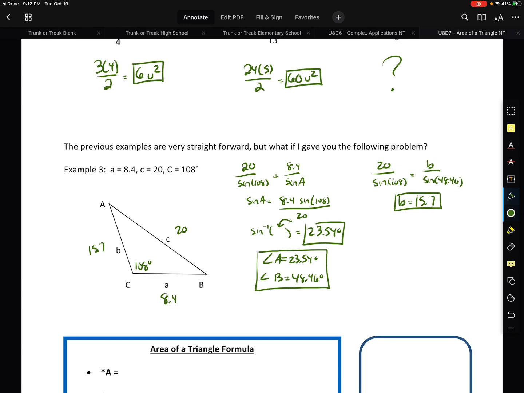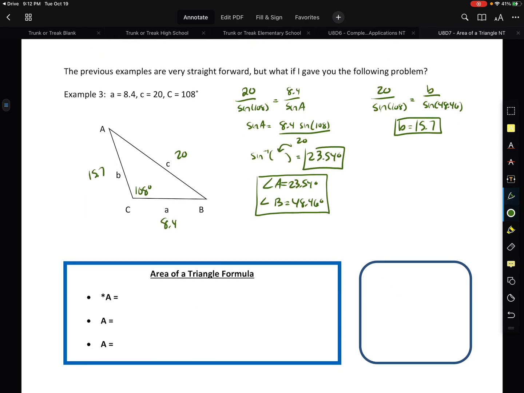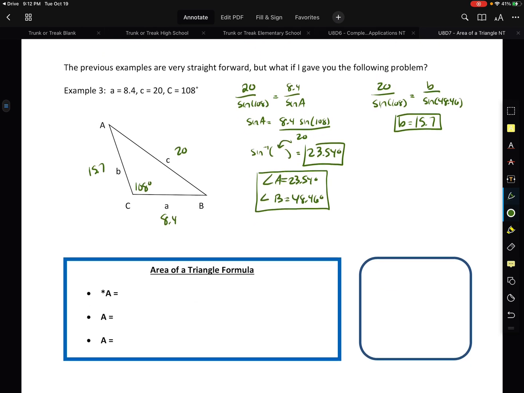Now again, how do we find the area of this? Well, we need a new setup. We don't have a height line. You can make a height line. I'm not promoting it, it's a little bit tricky, but you could if you wanted to. But we need a new area setup. So we have a formula.